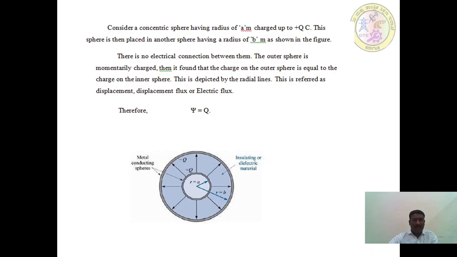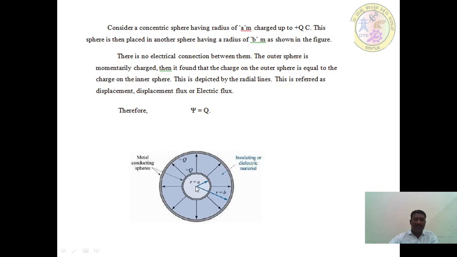See here, we are taking metal conducting spheres. This is the inside sphere. Inside conducting sphere, that is metal conducting sphere, is nothing but a metallic sphere having a small size compared to the outer one, and this is a metal conducting sphere having a large diameter.